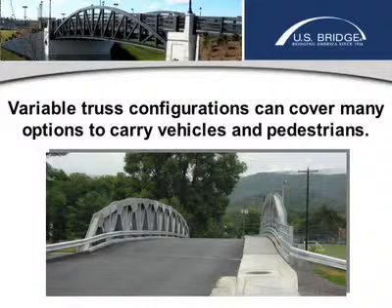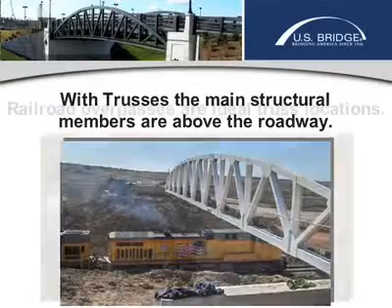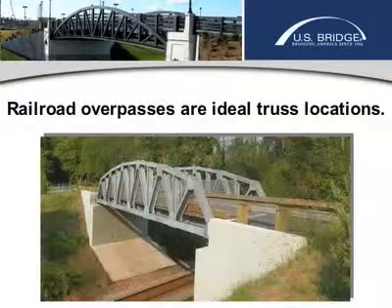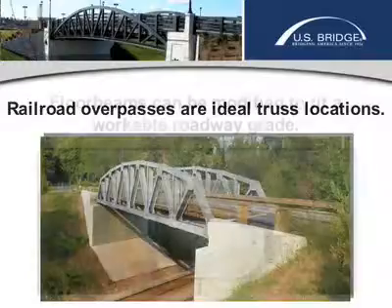Of course, these trusses can be configured to do different options. You can combine the vehicular roadway and the pedestrian sidewalks. The sidewalks can be either on the inside of the truss or the outside. With the trusses, the main structural components are above the roadway, so it's an ideal location for railroad overpasses, getting your spans up above.